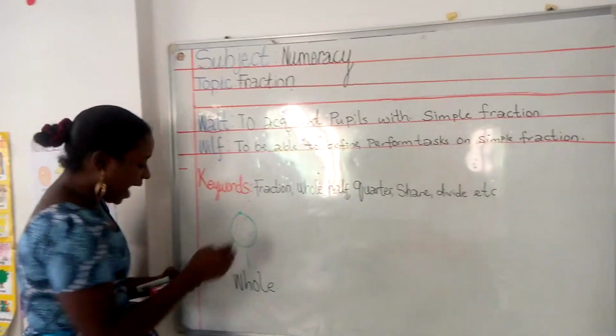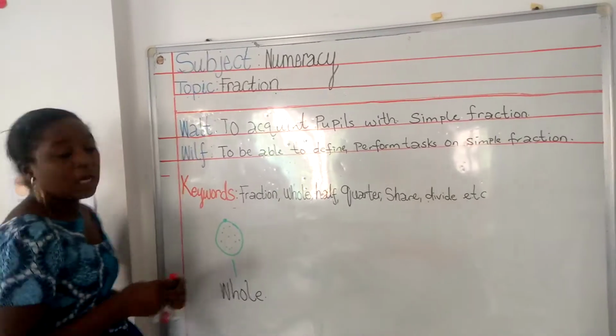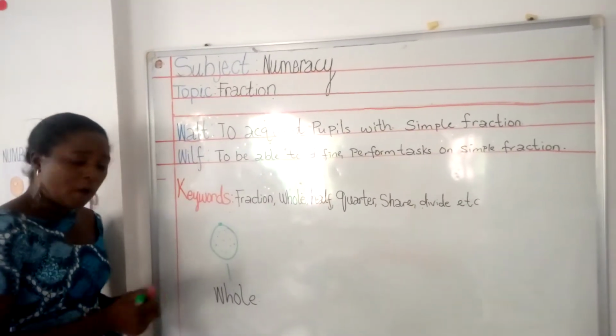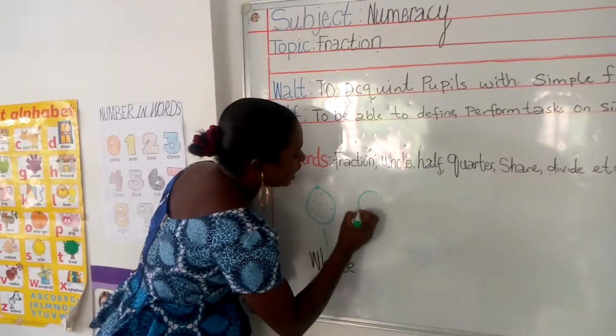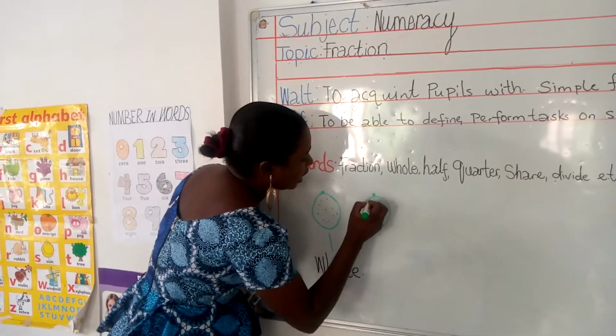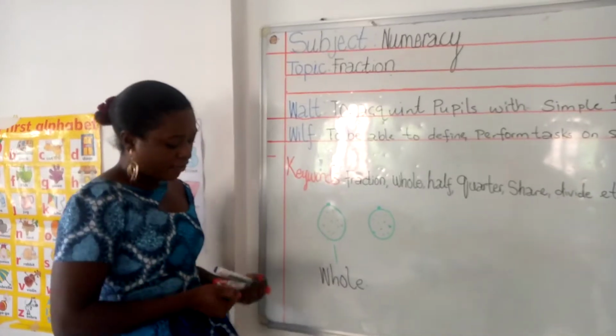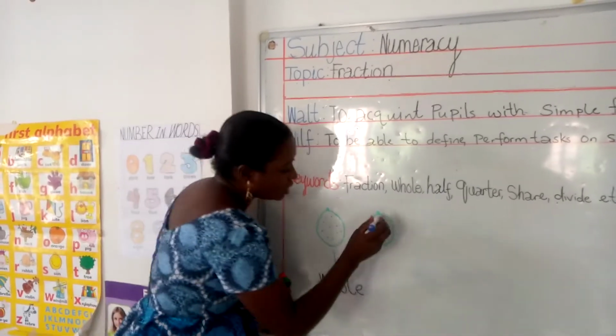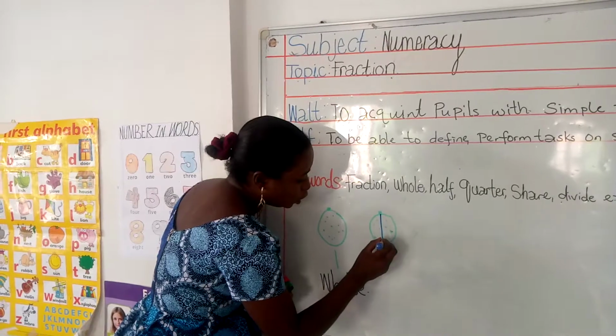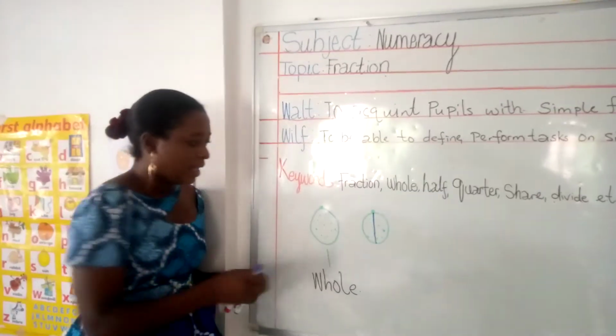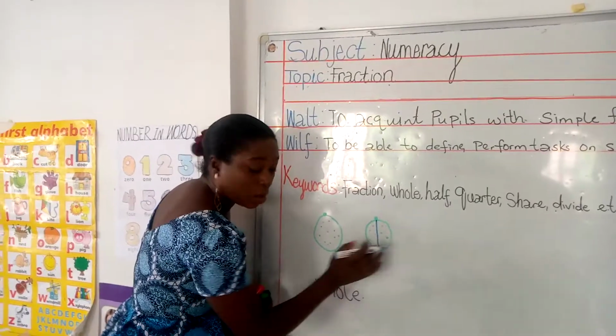Okay, now if I have this orange and then Auntie Anna comes, Miss Anna, can you give me part of your orange? And I'm like, oh, okay, Auntie Anna, I'll give you part of my orange. And then I take a knife and then I cut this orange into 2 equal halves. That means I'm going to give her part of the whole.